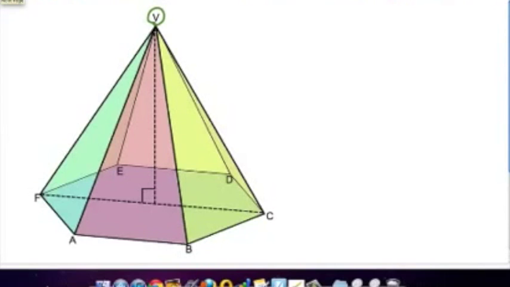The perpendicular from the vertex to the base of the pyramid is known as the height. And you'll notice I know it's a perpendicular because I've got the little box there that tells me I've made a 90-degree angle. Then, if you're looking at it from the side, we have this distance as the height.